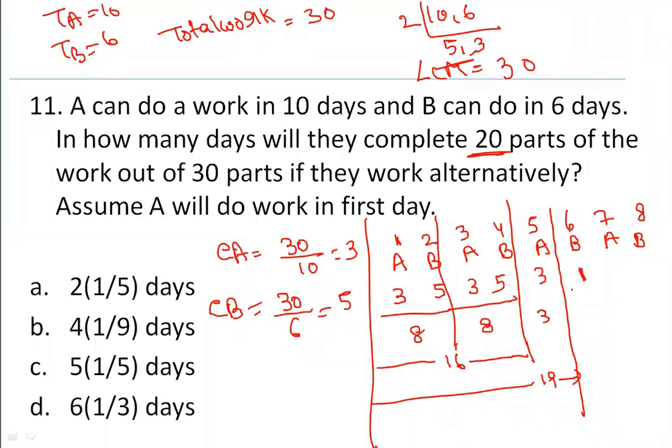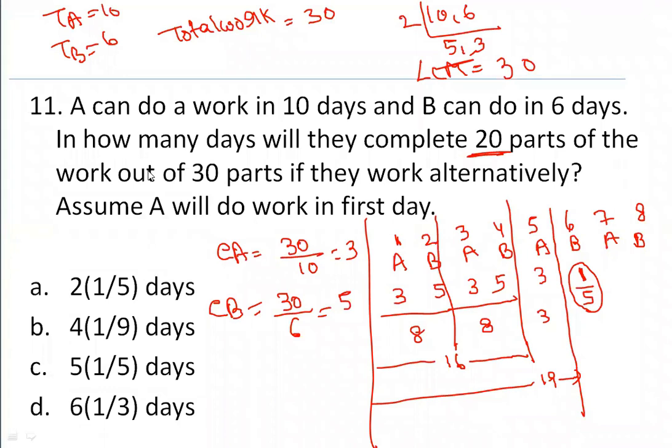On the 6th day, B will come and do that one part. What is the efficiency of B? 5. That means the 6th day is not utilized completely. 5 days are utilized completely, and on the 6th day you are just short of 1 unit to make it 20 parts out of 30.